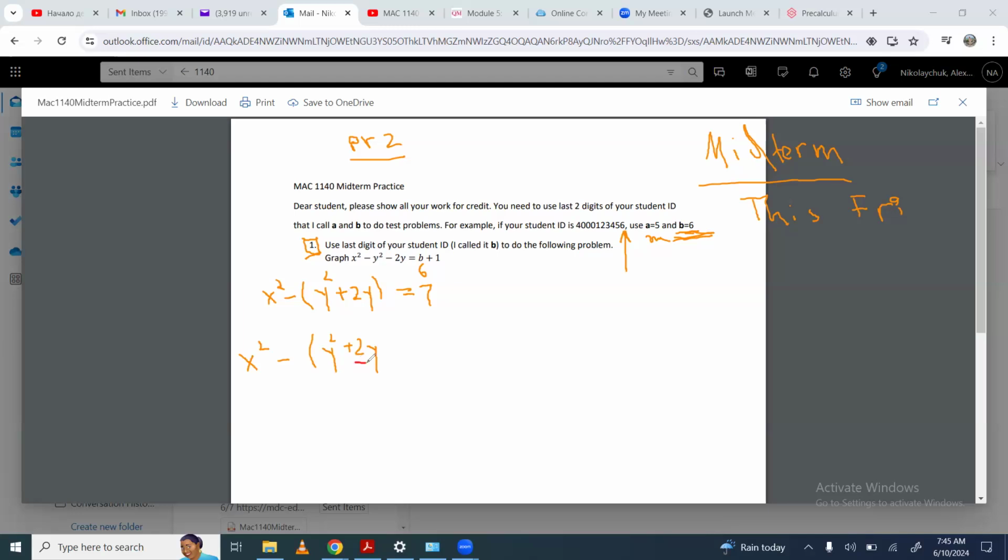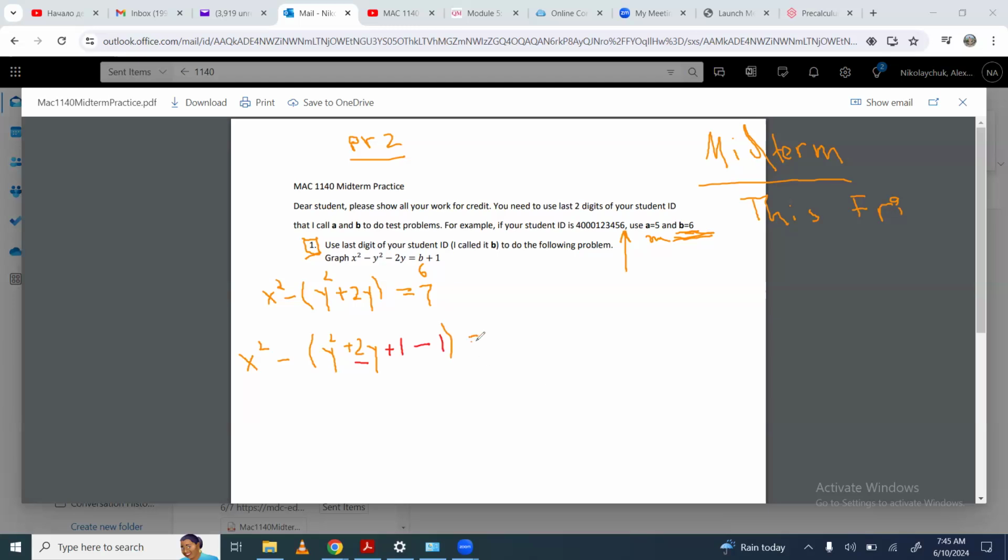So we always take the number with y divided by 2, so you get 1. So you add that number 1, and then you also subtract it. So plus minus 1. This way we do the process of completing squares.